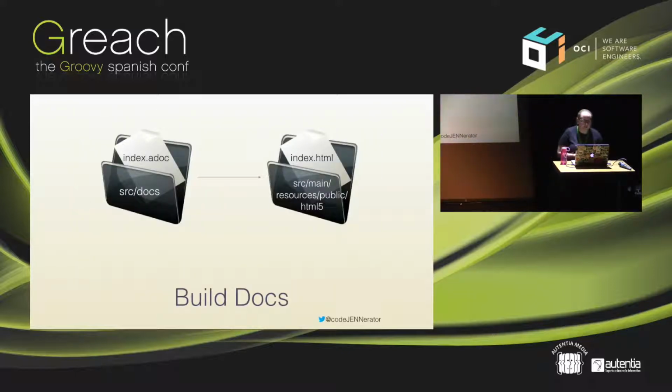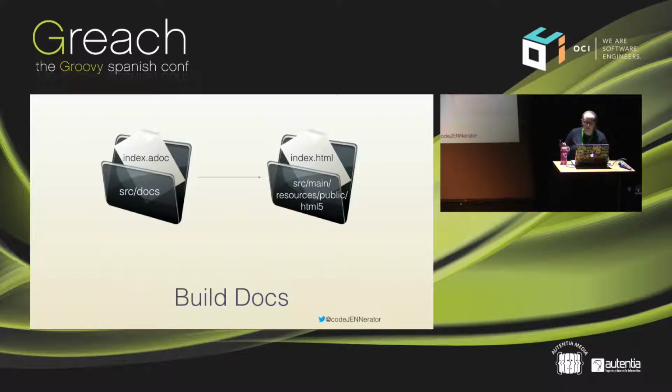Okay. So we have our endpoints, we have our docs, our tests are passing, and we should be ready to build it. So based on the examples, I take what's in my source directory, and that contains a folder where all of my docs were generated, and it's very important that those tests are run before the Asciidoctor task so that they exist when they actually get built by the Asciidoctor plugin.